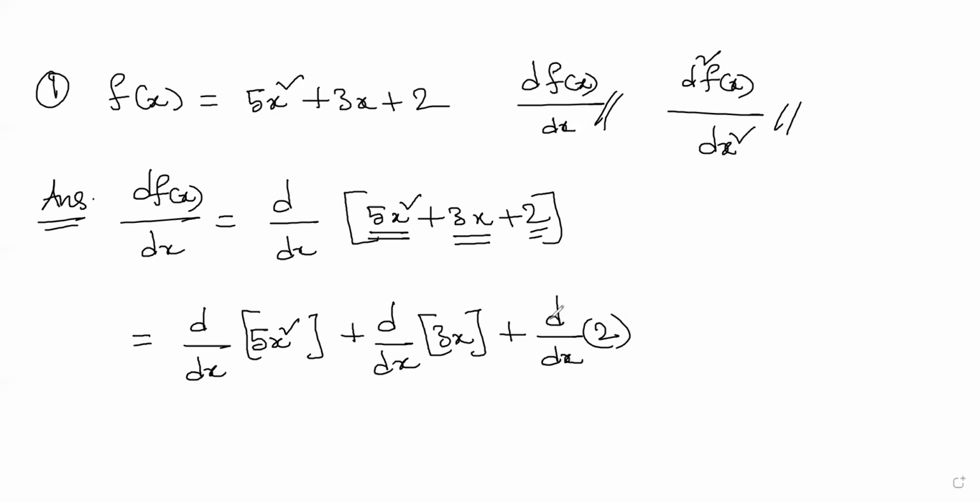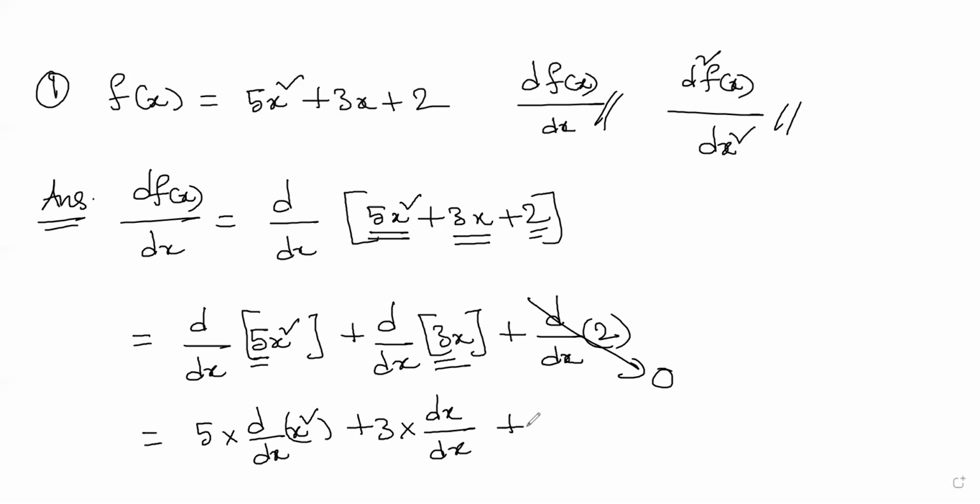Now 2 is a constant, derivative of a constant is 0. Here constant is multiplying x, so the constant is out of it. So 5 into derivative of x square plus 3 into derivative of x.